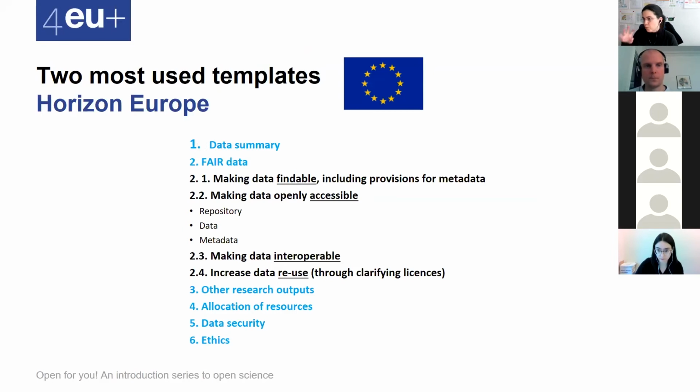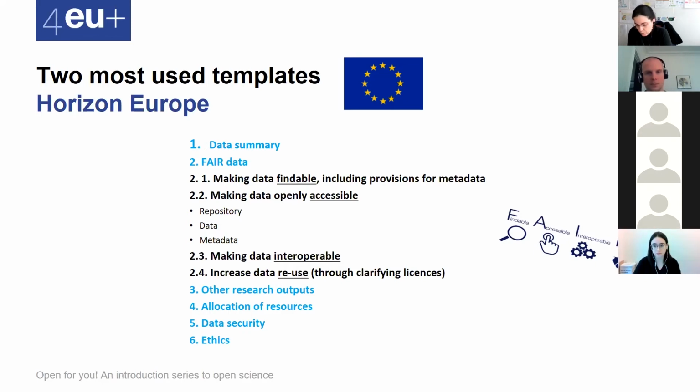In Europe, we have two most used templates for the data management plan. We will take a quick look at the two most used models that exist for writing a DMP. Here, this is the Horizon Europe model, which follows the logic of the FAIR principles. The questions will check that the data is findable, accessible, interoperable, and reusable. This model includes questions about the data, the associated metadata, the chosen repositories, as well as the code and software.